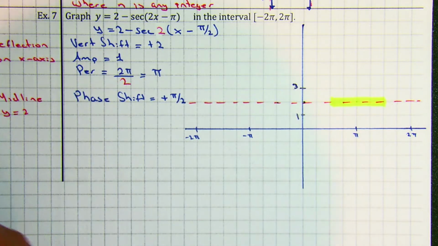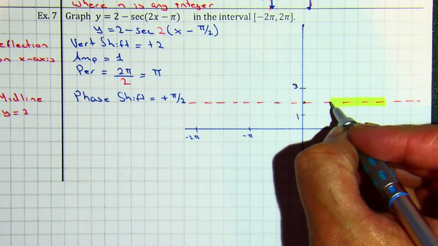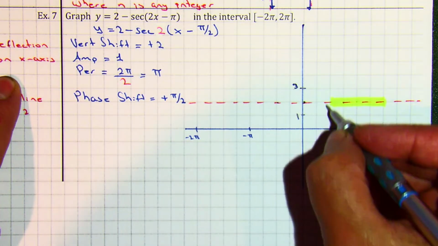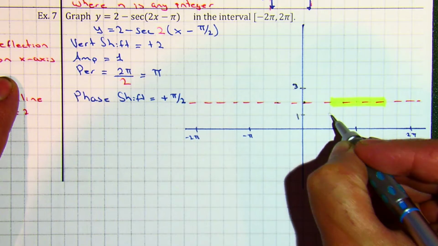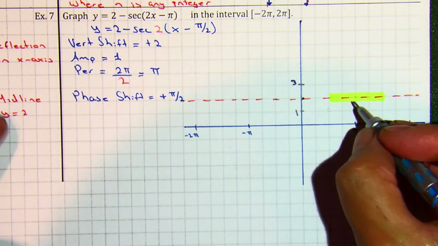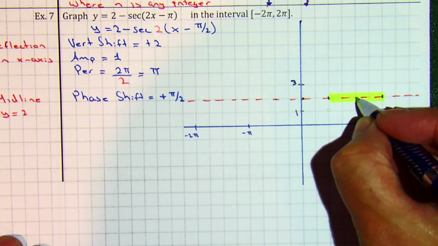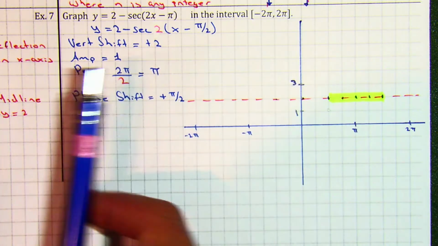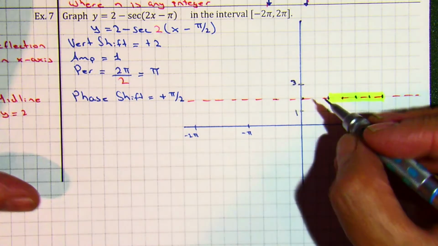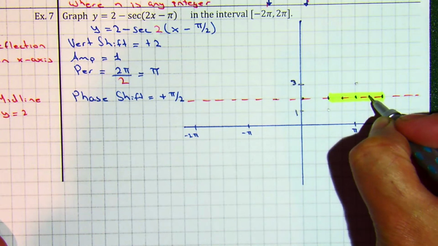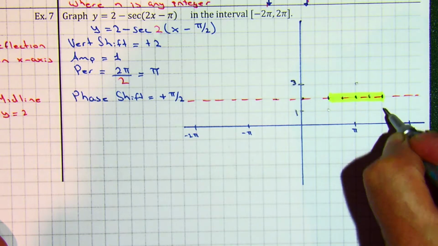And I need to decide, secant is the reciprocal of cosine. Cosine starts at 1. But because it's reflected on the x-axis, I'm going to start here. It's already divided in 4 sections, right? So therefore, it'll be 1, 0, then 2, then 0, then 1.